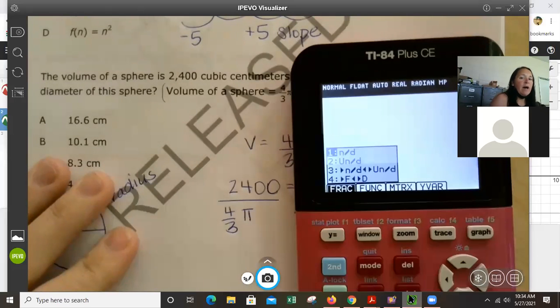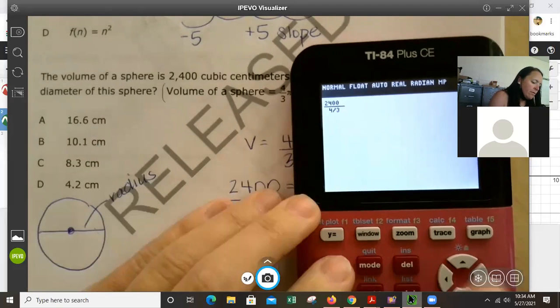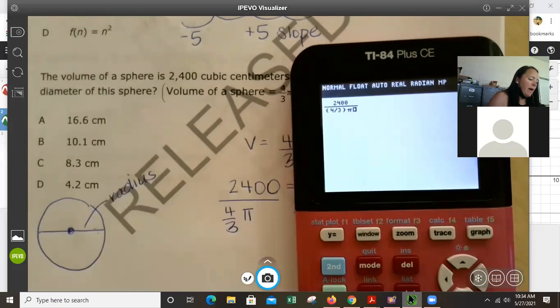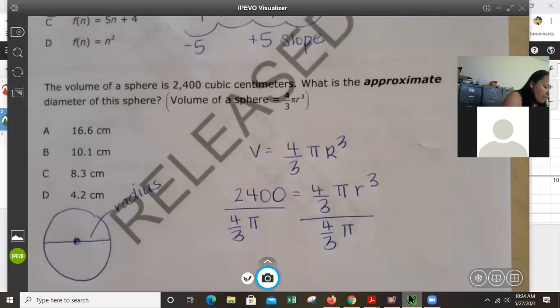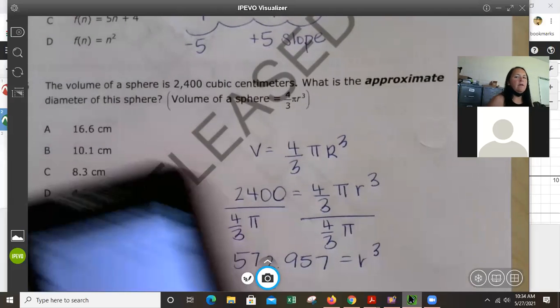I'm going to do alpha y equals 2,400 on the bottom. Sorry, I want to put parentheses in. 4/3 and pi. Watch how you put it into your calculator, okay? Watch how you put it in. So then you get this big number, 572.957, and that's good enough, okay?